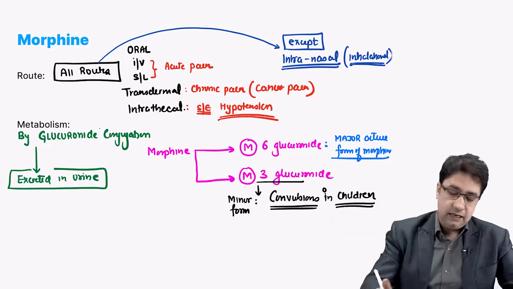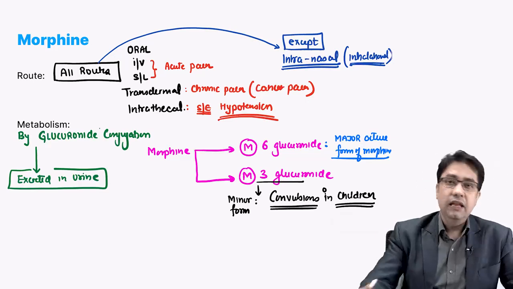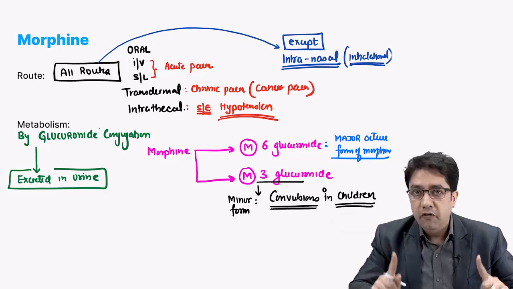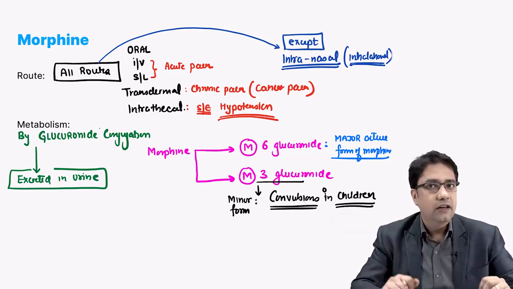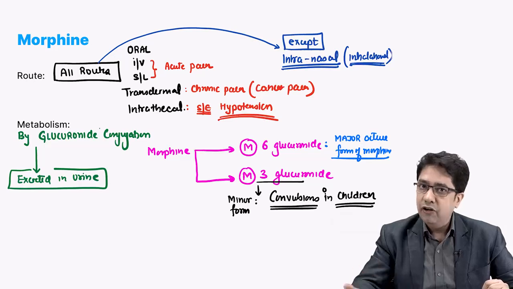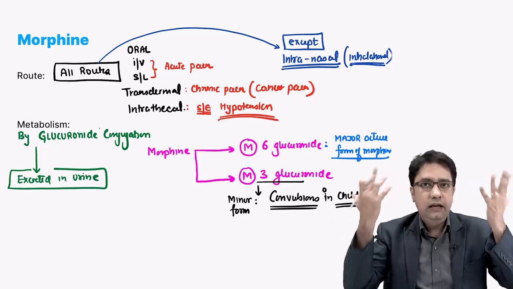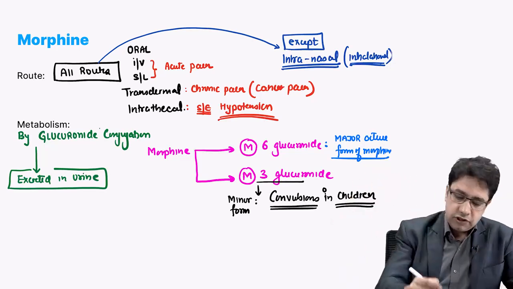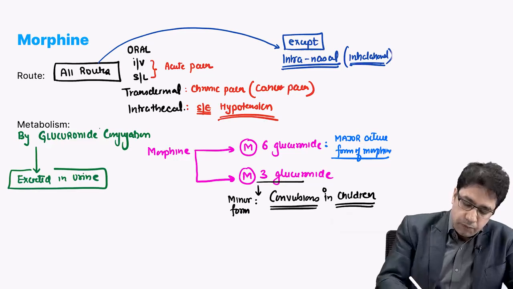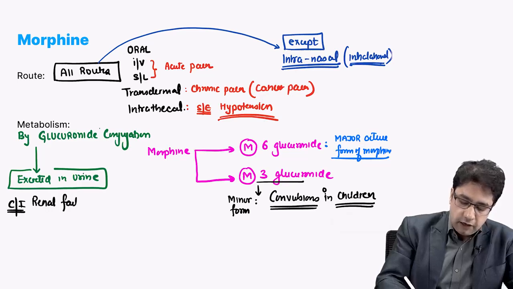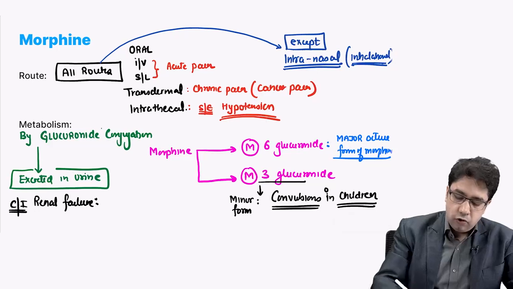So can we say morphine-like drugs should be avoided in renal failure patients because they will accumulate morphine 3-glucuronide and morphine 6-glucuronide, which can lead to respiratory depression. So the question comes: which opioids are contraindicated in renal failure? One of the opioids we already know is morphine. Two other opioids we will write as PCM.